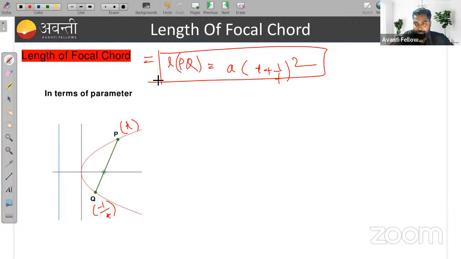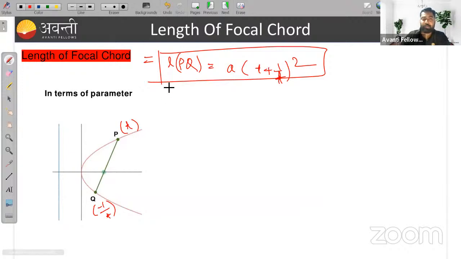If you have the parameter for point P and also for point Q, then you can use this formula to find the length of PQ. You can easily derive it also, so no need to do the derivation.